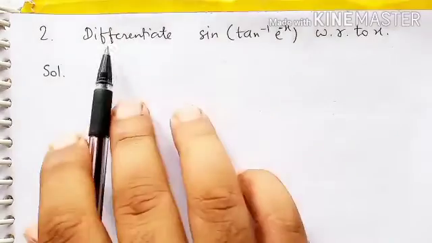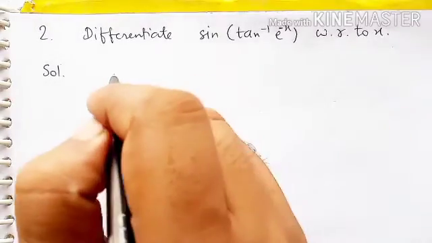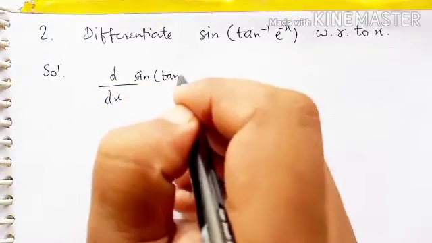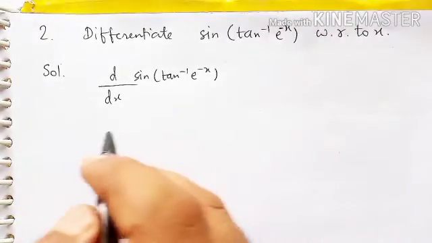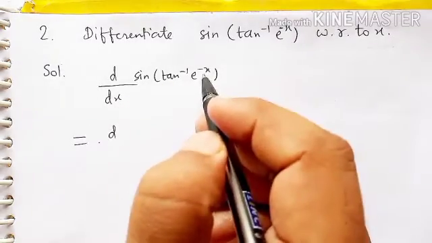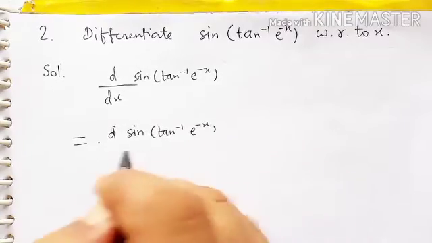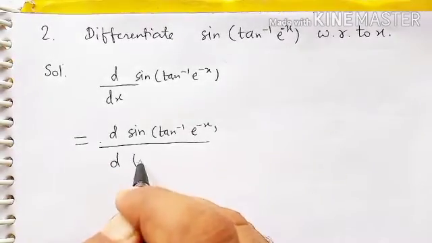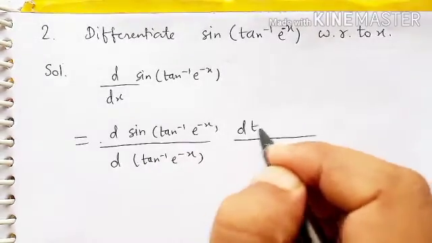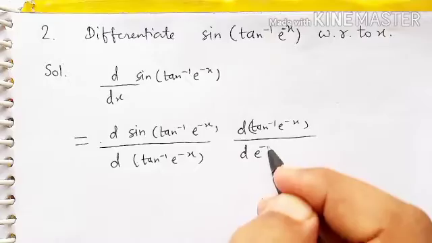Now question number 2, differentiate sine of tan inverse e to the power minus x with respect to x. This is the function of tan inverse e to the power minus x. So we write here, then we have to write, now this is the function of e to the power minus x.